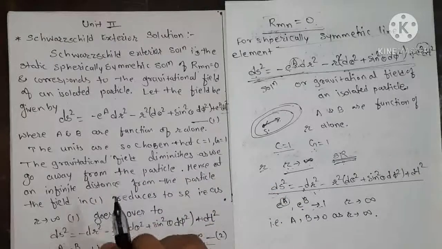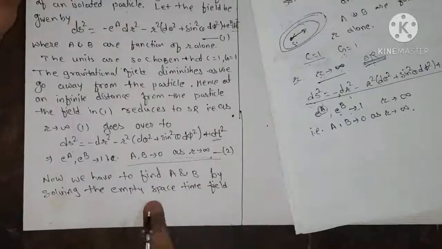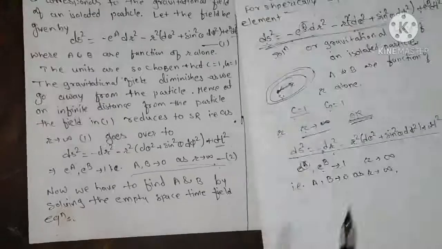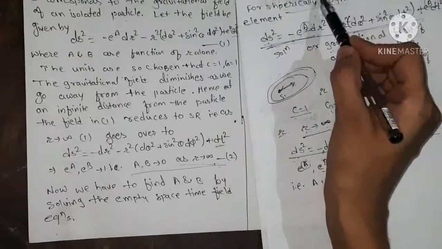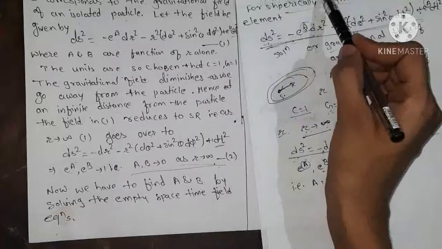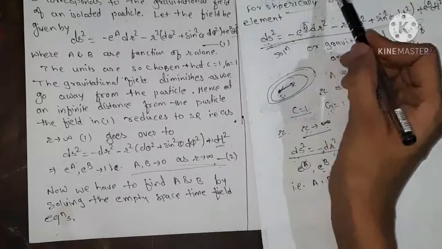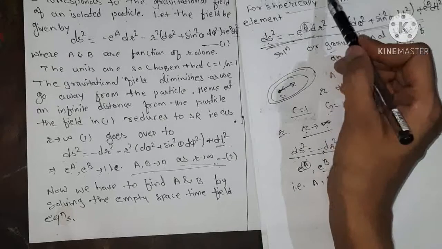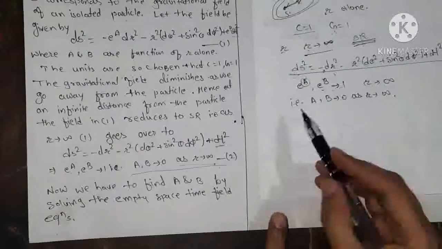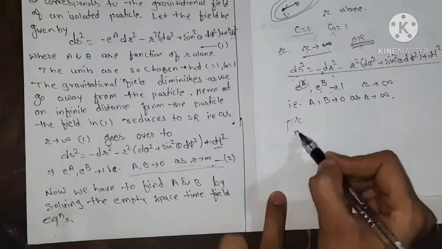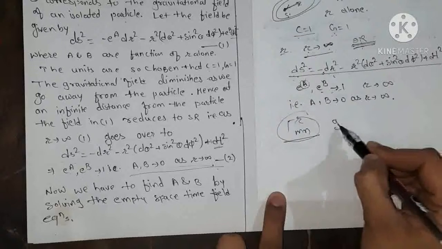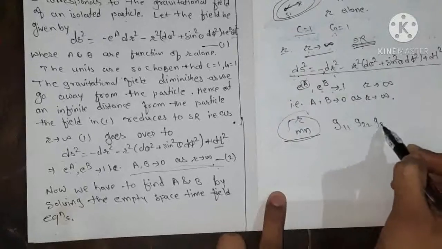So our aim is to find a and b by solving the empty space time field equation. This Rmn equals 0 is nothing but the empty space time field equation. To find this, we first have to compute the non-vanishing Christoffel symbols, gamma of Rmn. We have to compute the metric tensor components G11, G22, G33.